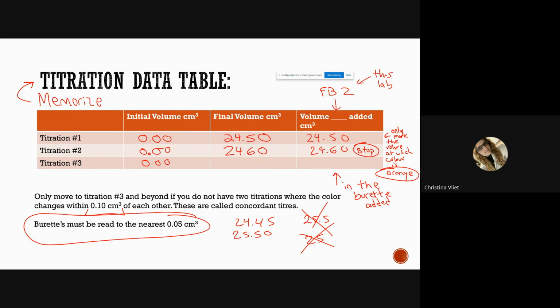Start over. So that means you gotta dump that out. You can dump it out into your waste beaker. Let me give you a new one. You gotta start over. You do it next time, okay? I looked away for 1 second. No worry, I'm just sorry.